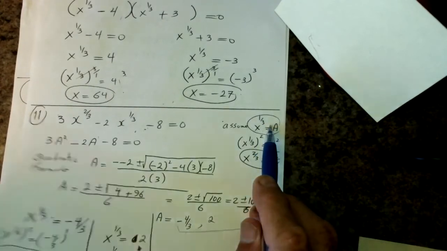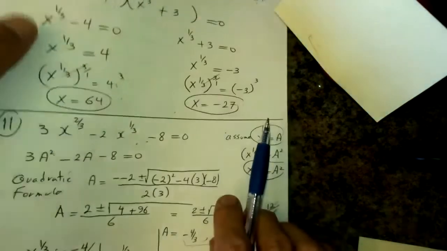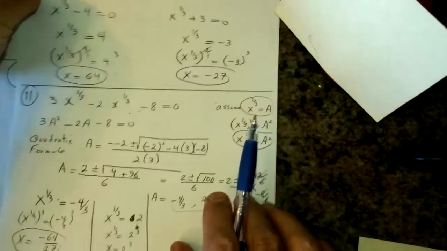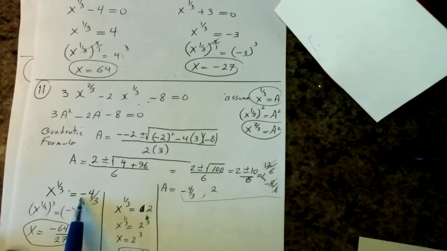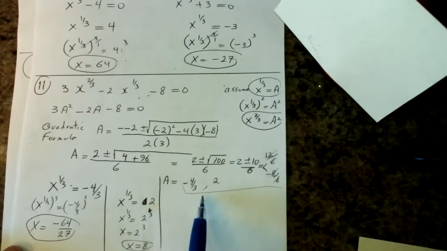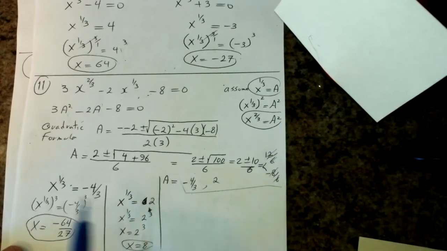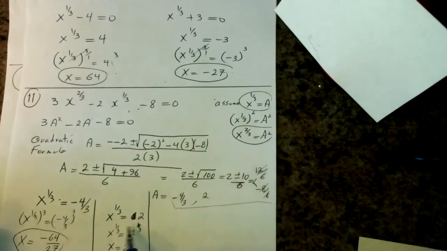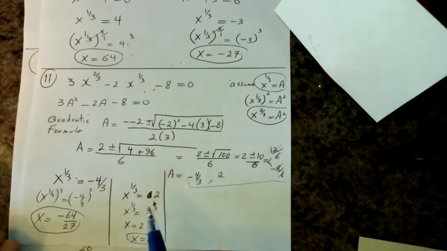So now, x to power of 1/3 is -4/3, and x to power of 1/3 is 2. Then, in order to get rid of this, you have to raise both sides to power of 3. See, the last few problems get more complicated, but it's just the same rule.